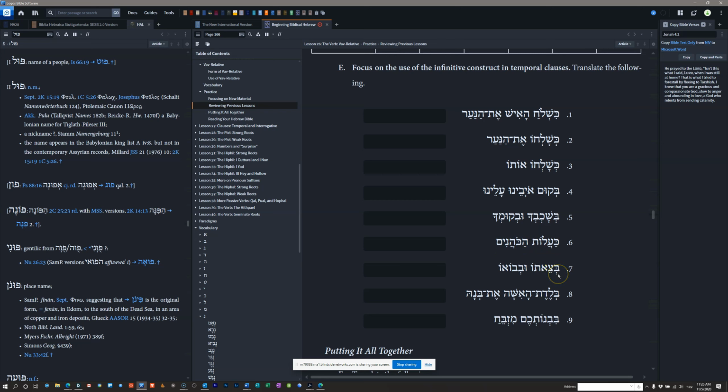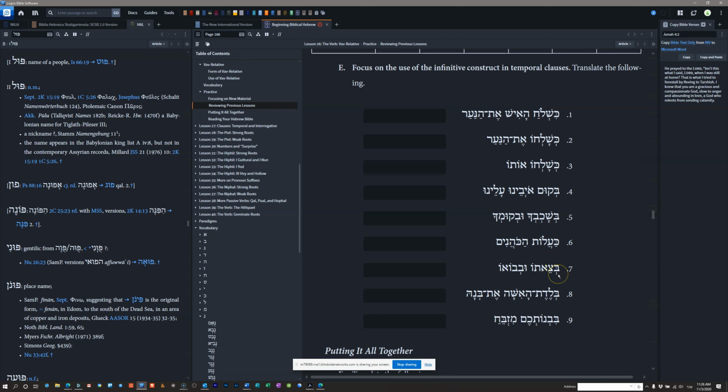and again, because we've got the vav relative plus the temporal infinitive, we're going to translate that as a dependent clause. So we're not going to say "and" here. We're just going to go into the independent clause. So when our enemies took our families, they took them to.